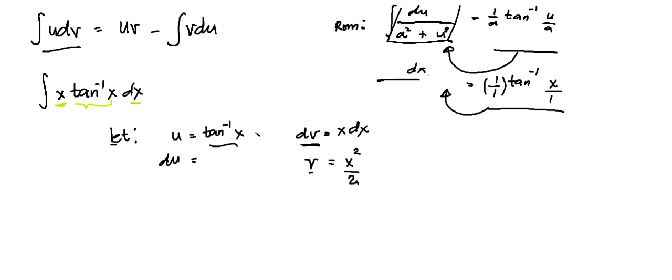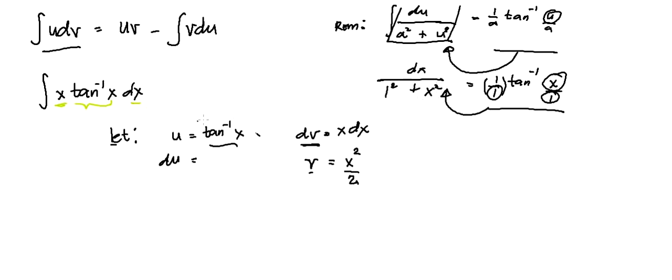Therefore, if we take the derivative of this, our answer is x all over, what is our constant here? We have the constant a is 1, plus our function of u that is being squared, which is x squared.